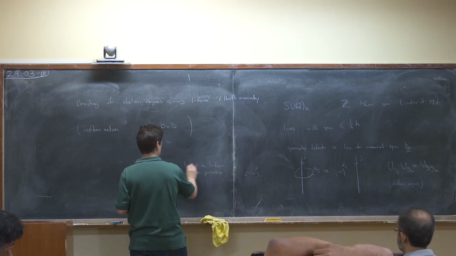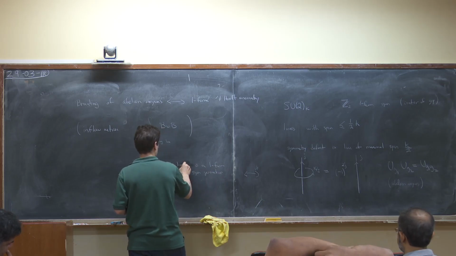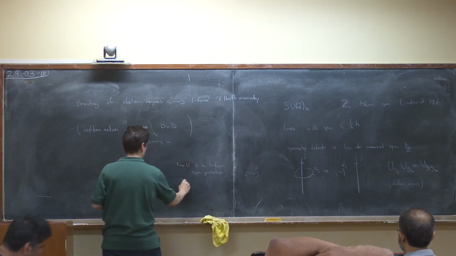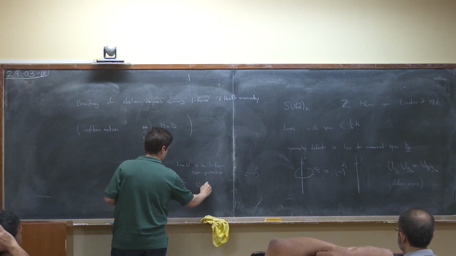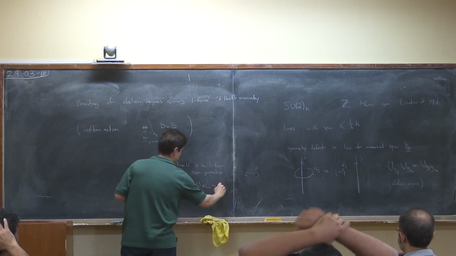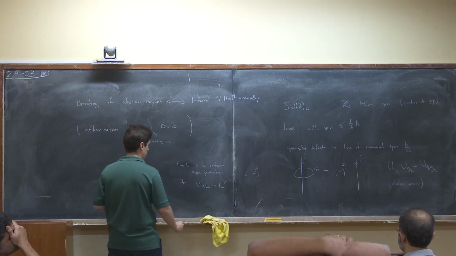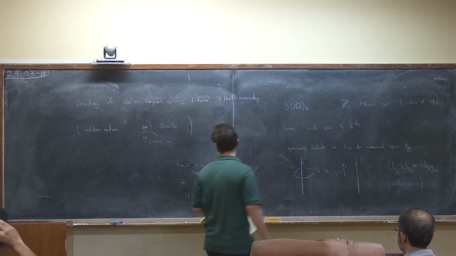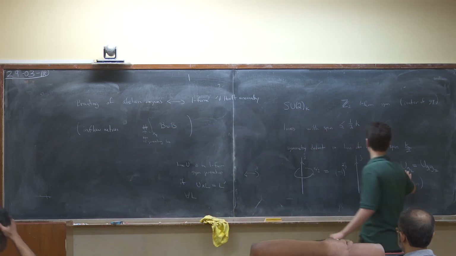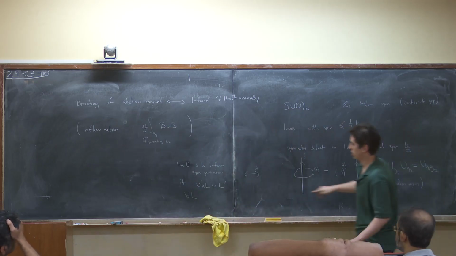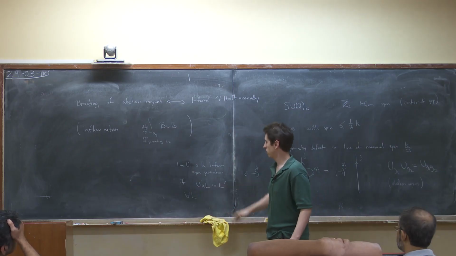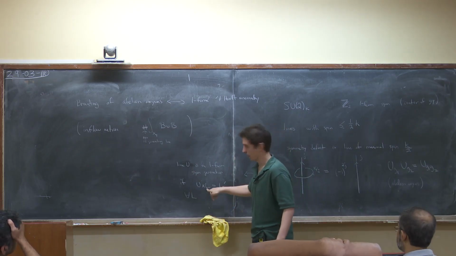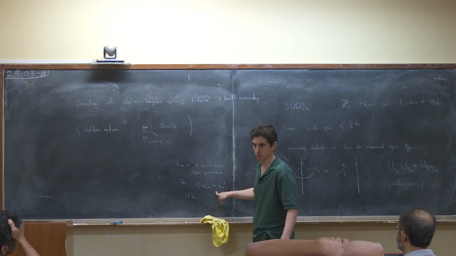It's called a line U if U times L is equal to some fixed L prime for all L. So here we put in the fact that everything was a one-form symmetry generator. But here now I mean that L could be anything, and I get a single element in the fusion on the right-hand side.